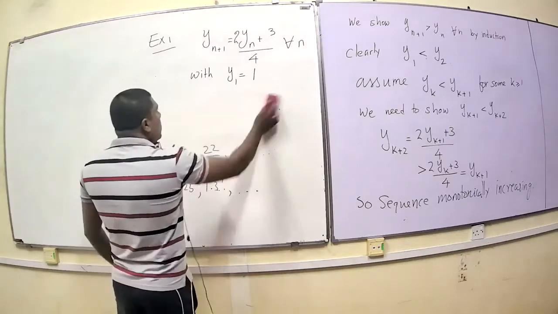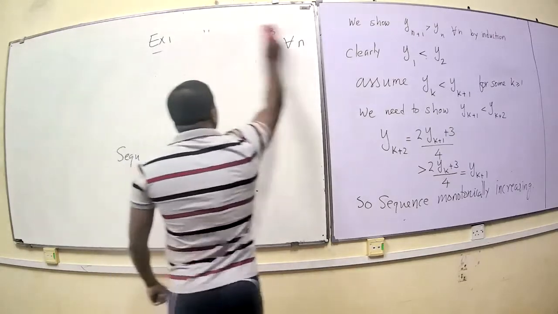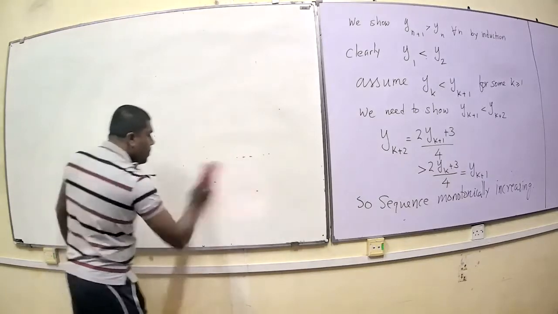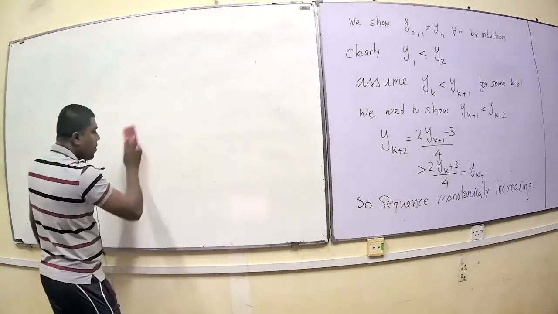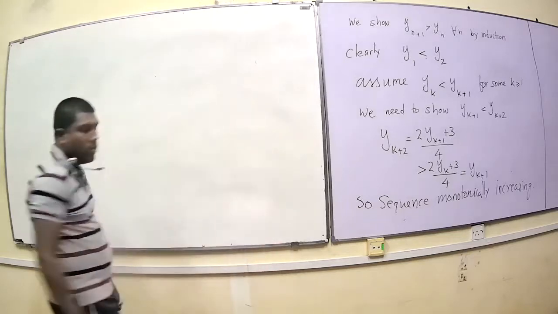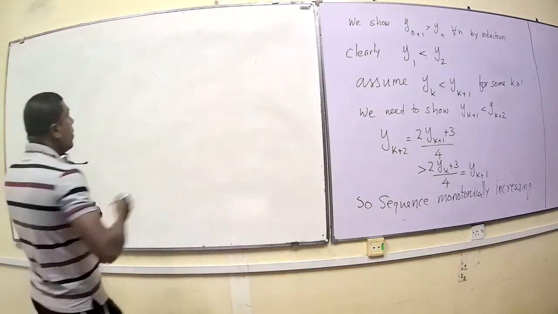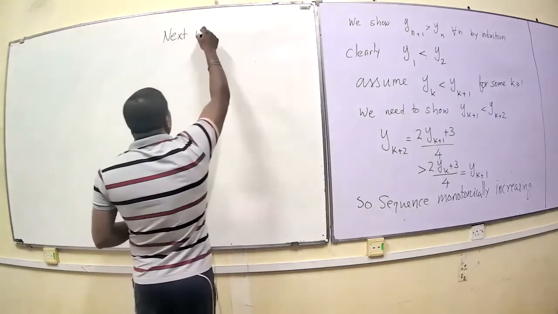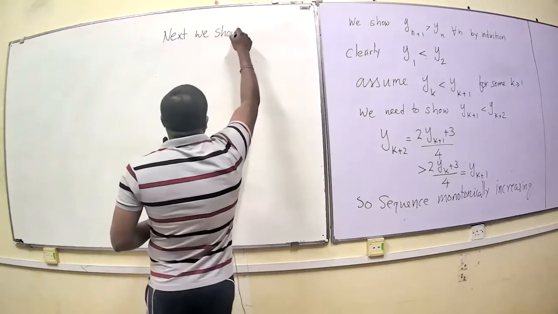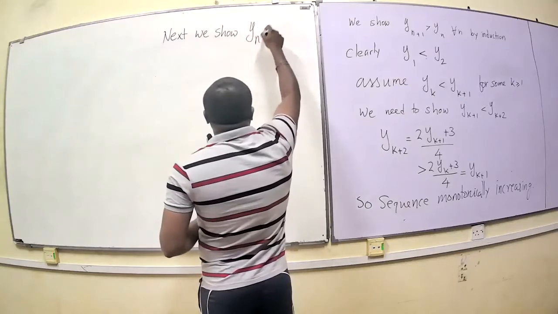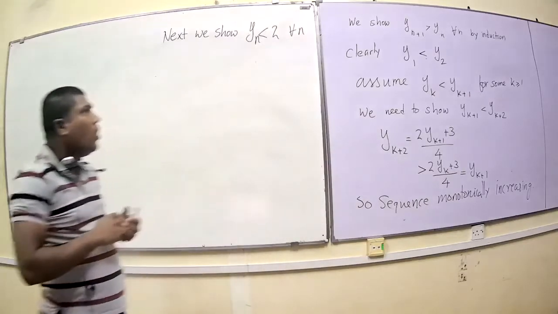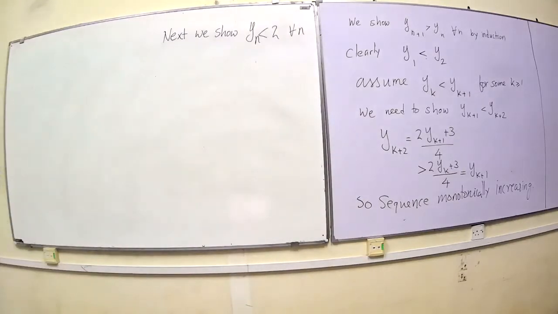So here I am going to show that this is less than 2. Next I will show yn is less than 2.